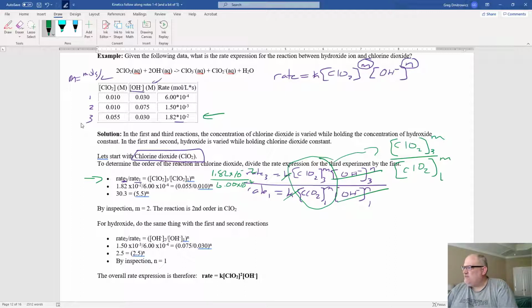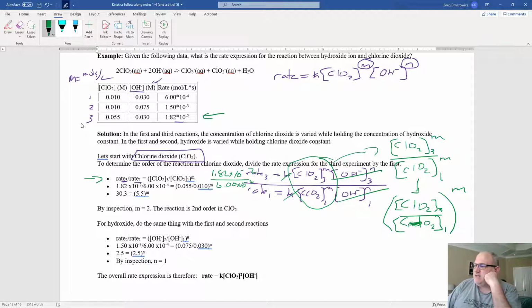But if you have 2 things to the M, we can simplify that just by writing ClO2 over ClO2, on the top is going to be the third run, on the bottom is going to be the first run, and this whole thing can be written to the mth power.